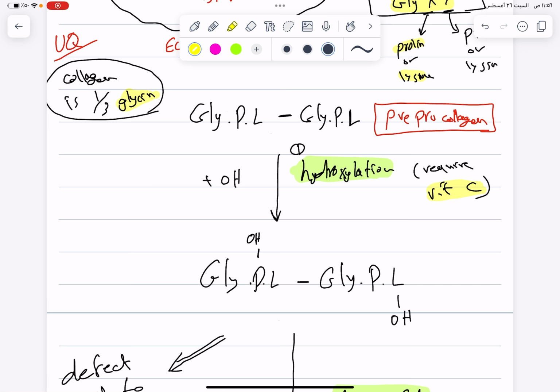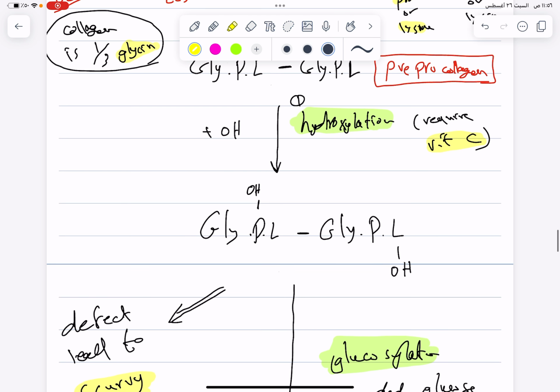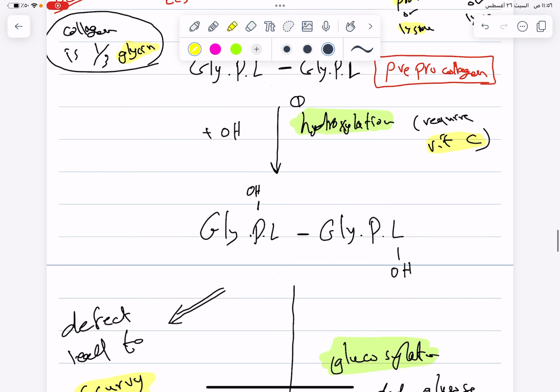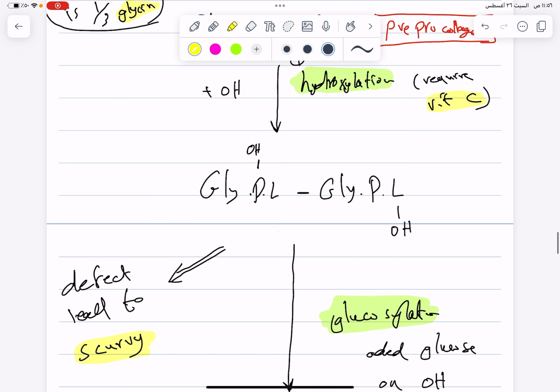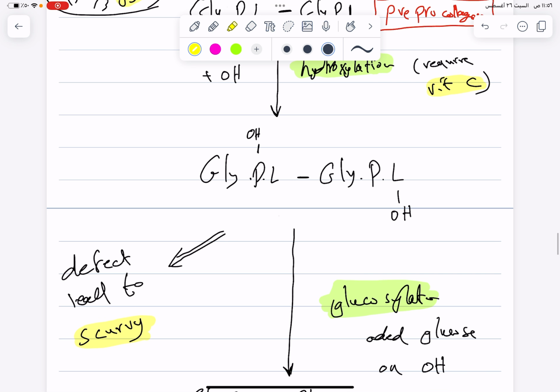So by hydroxylation the glycine, proline and lysine undergo hydroxylation. A defect in hydroxylation will lead to scurvy.